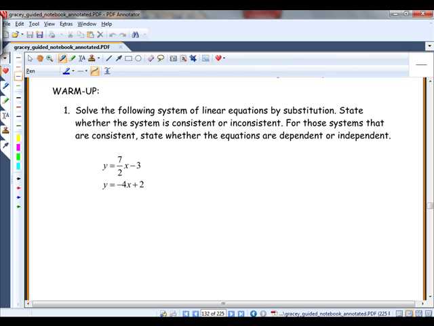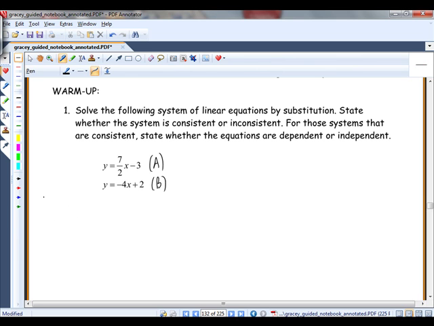Okay, let's see how you did. Remember how we were naming our equations? So for step 1, actually, I think I was doing it more like this.